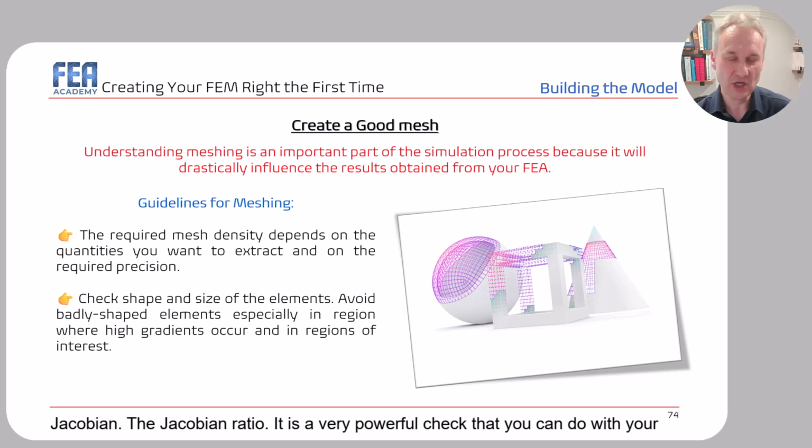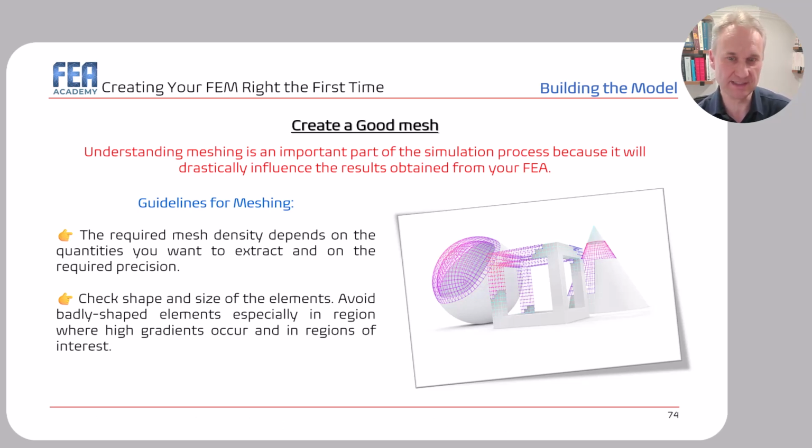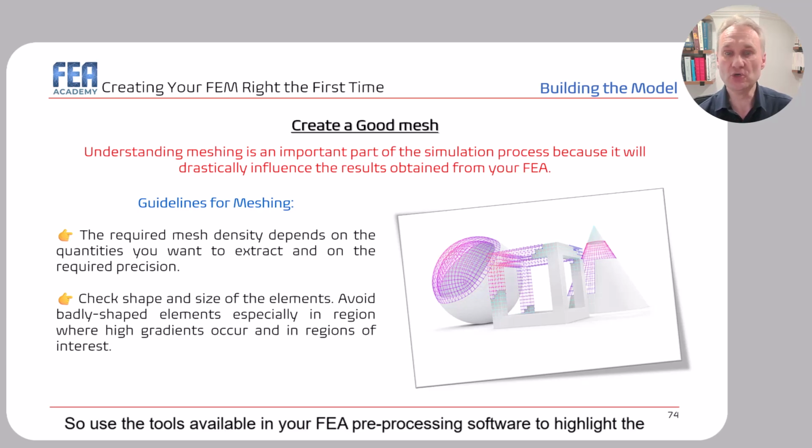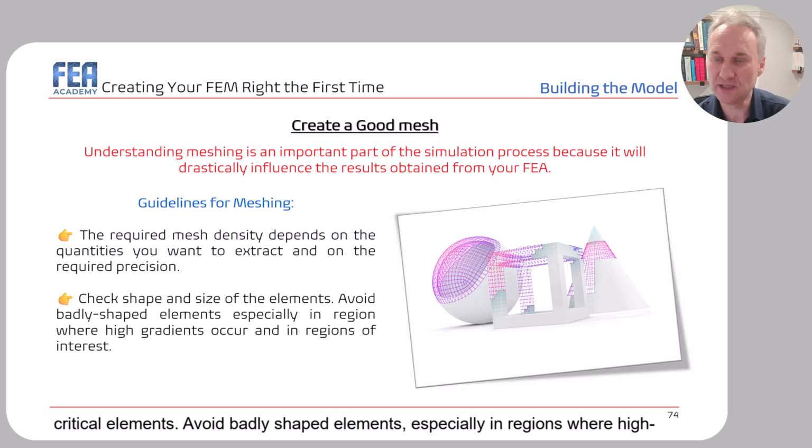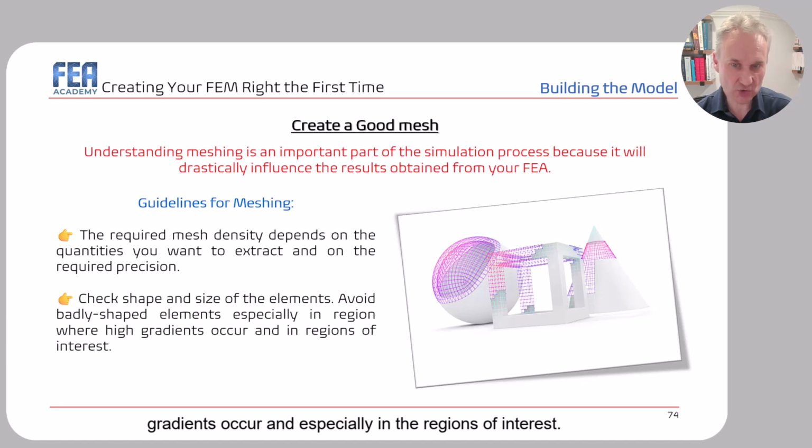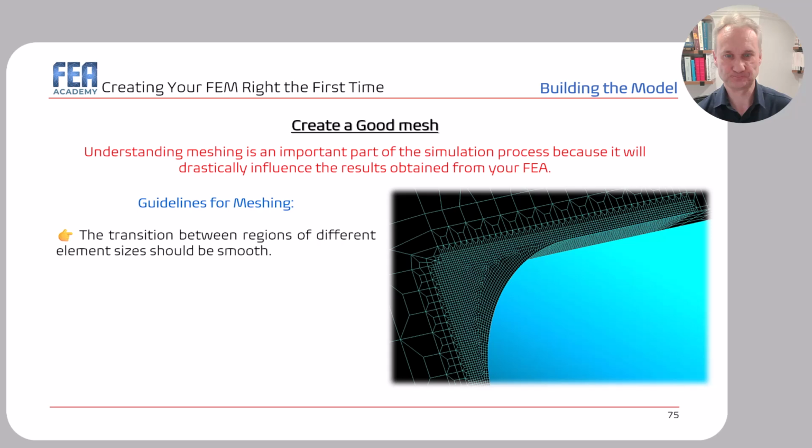It is a very powerful check that you can do with your pre-processing software. So use the tools available in your FEA pre-processing software to highlight the critical elements. Avoid badly shaped elements, especially in regions where high gradients occur and especially in the regions of interest.